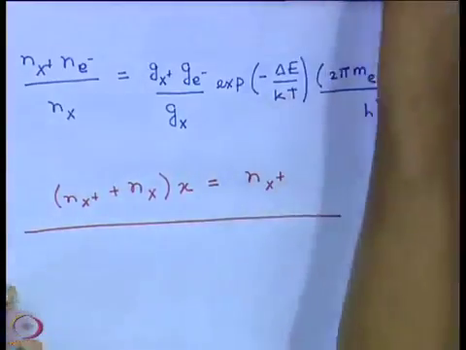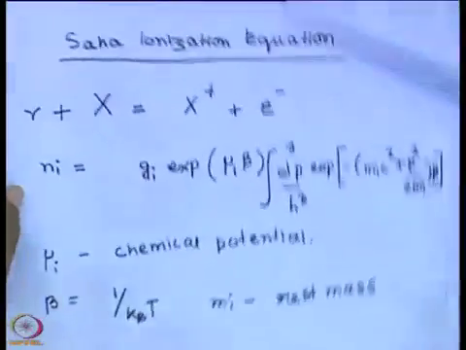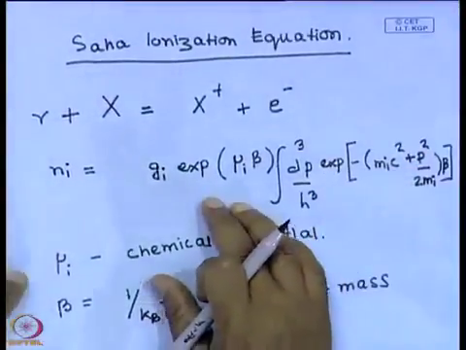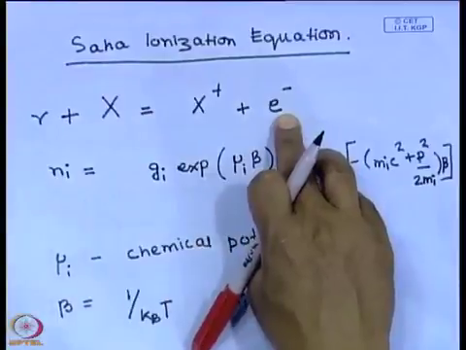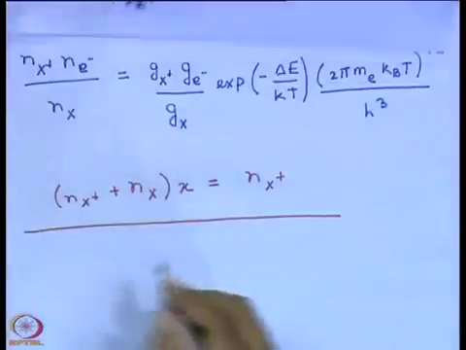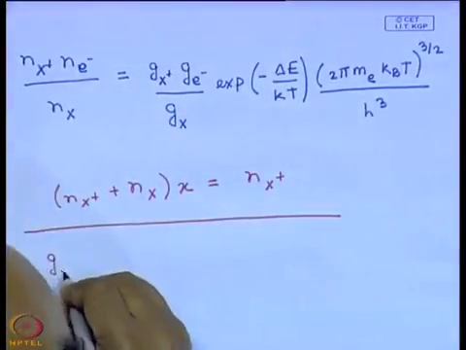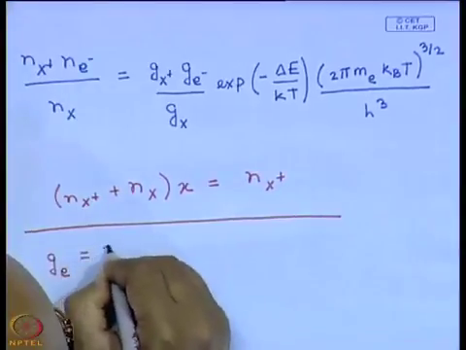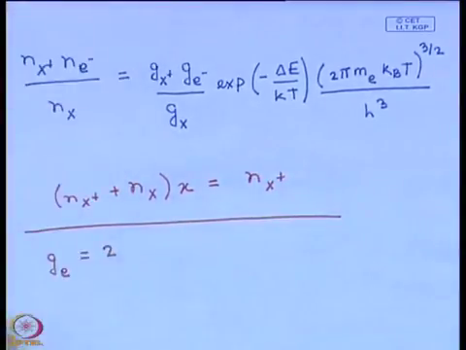So, the interior of the star is initially largely made up of hydrogen. So, if you are interested in looking at the state of hydrogen at a certain temperature, then the spin degeneracy of an electron, we know it is 2, it is a spin half particle and it has 2 possible spin states.